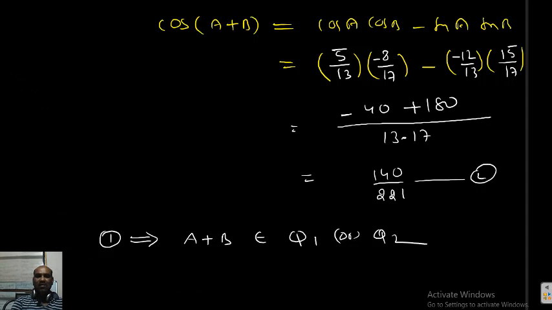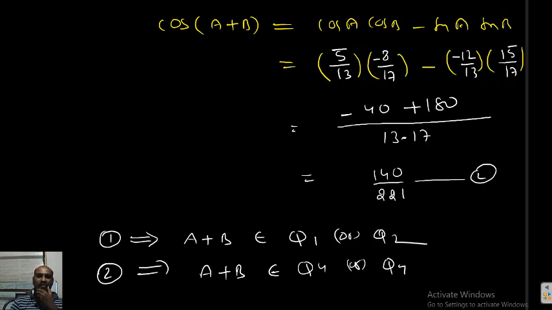Now result second is saying that A plus B belongs to Q1 or Q4, where cos is positive. What is common for both? Q1 is common. So I can say A plus B lies in Q1. Therefore, A plus B belongs to Q1.